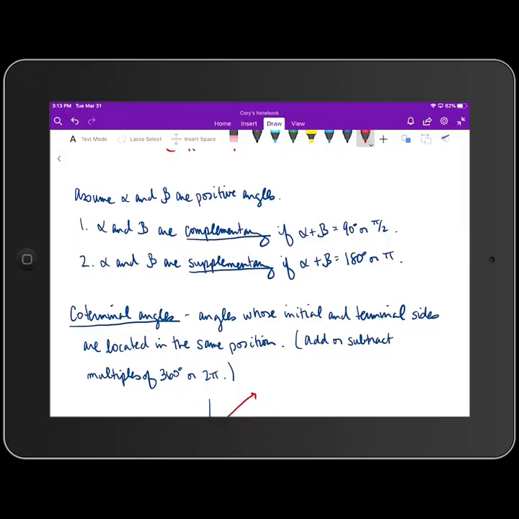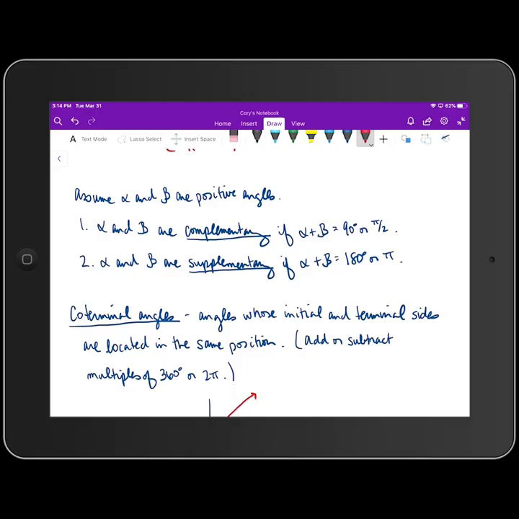Okay, next thing we're going to look at is something that you should be familiar with from what you've learned in the past. So that symbol that kind of looks like a fish, that's another commonly used symbol in trig, that's alpha. And the symbol that looks like a B, that's another commonly used symbol in trig for angle measures, that's beta.